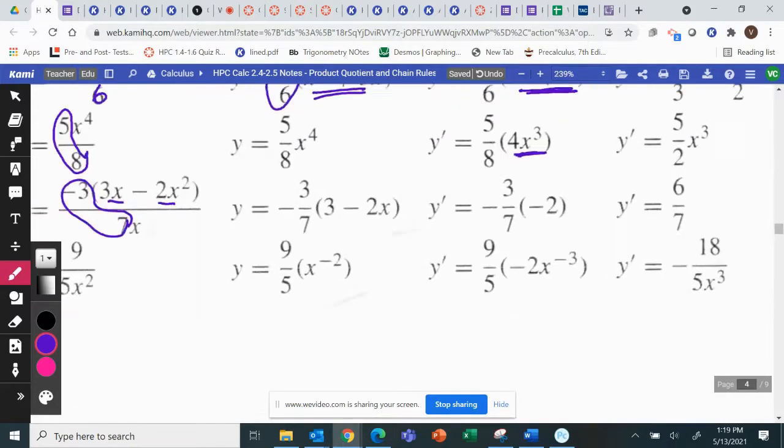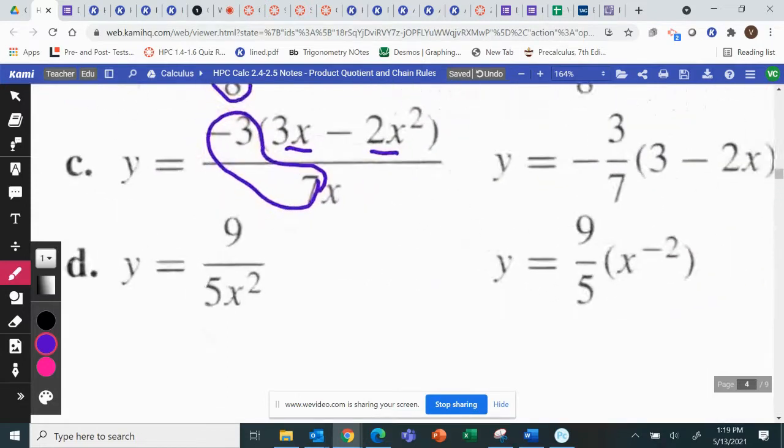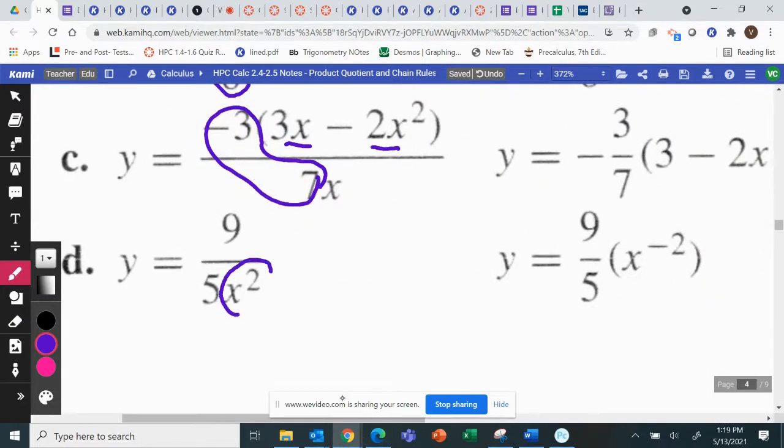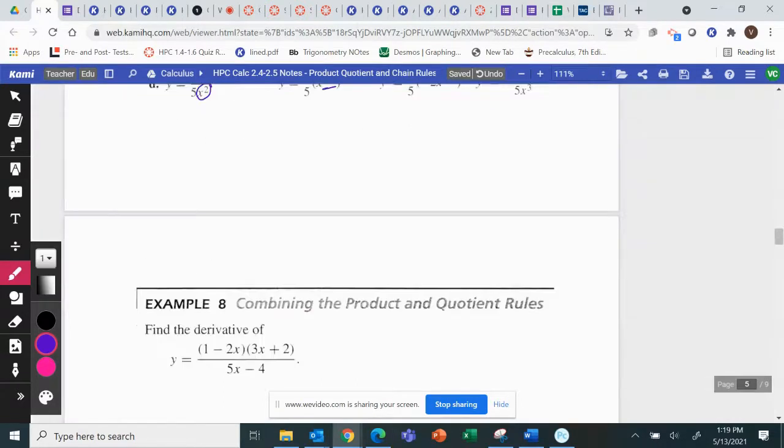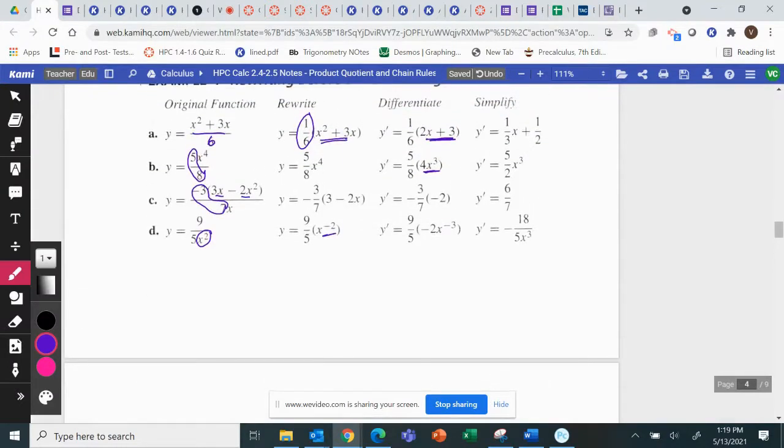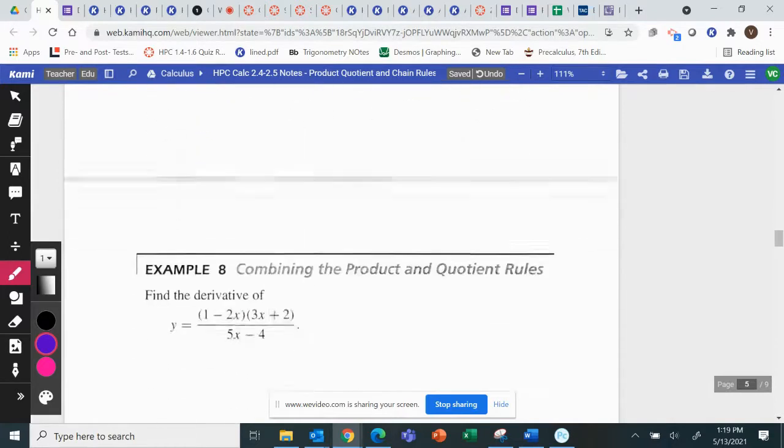And then the last one, because the bottom had just x to the second, they pulled it up and pulled the 9/5 out. Do not need to use the quotient rule there. So those are just some examples of, what is it, work smarter, not harder? Yeah, work smarter, not harder.